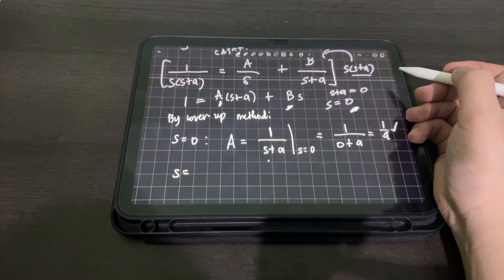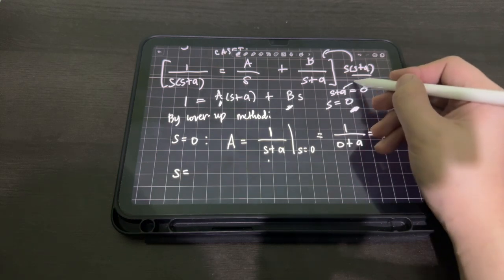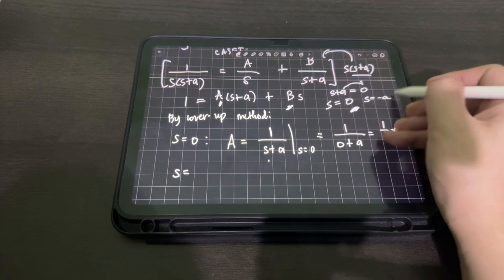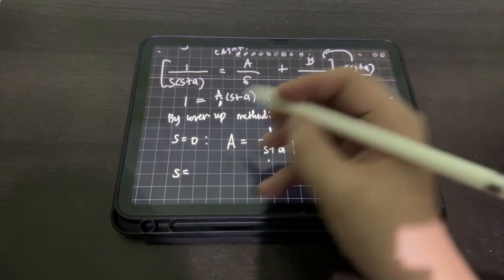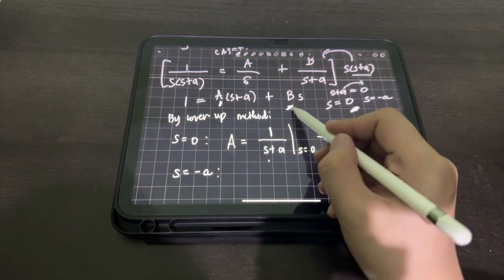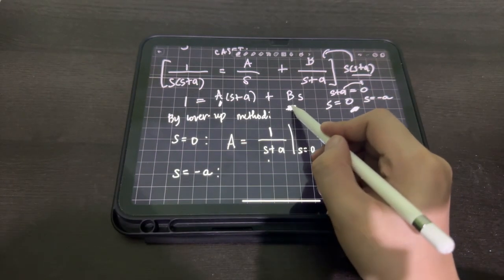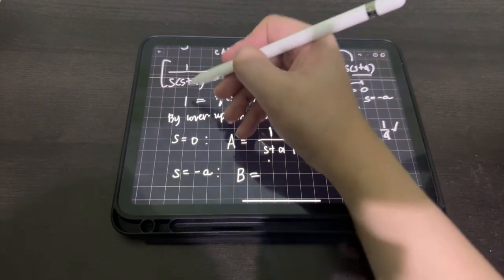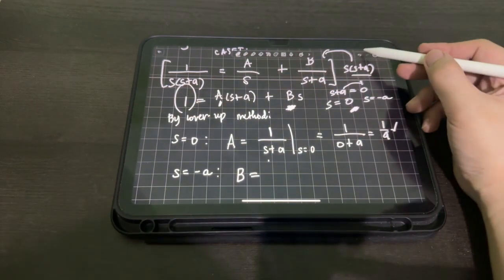Then solve for S. You can transpose the a to the right side so that S is equal to negative a. So you will set S equal to negative a in order to solve B directly.